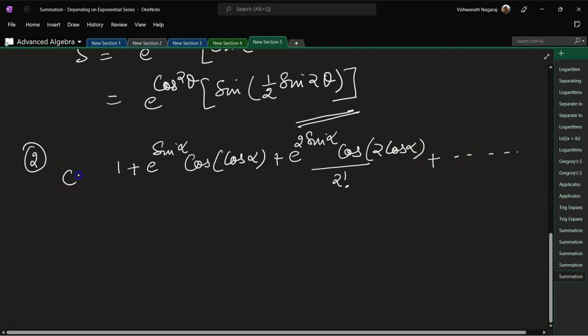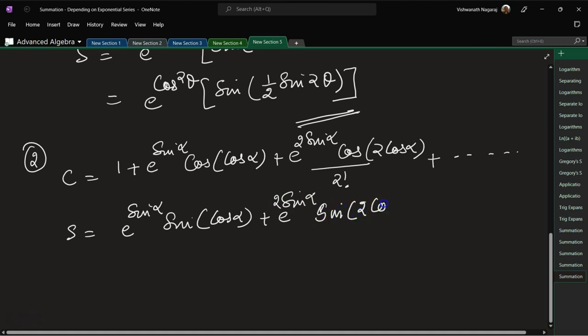Now this would obviously be the cosine series. So the corresponding sine series would be e to the power of sine alpha sine of cos alpha plus e to the power of 2 sine alpha sine of 2 cos alpha by 2 factorial plus on and on and on.